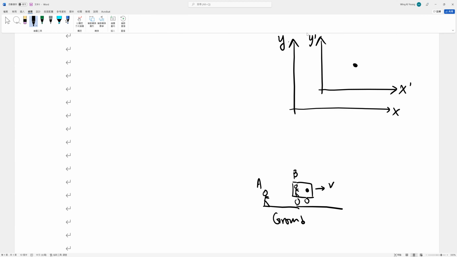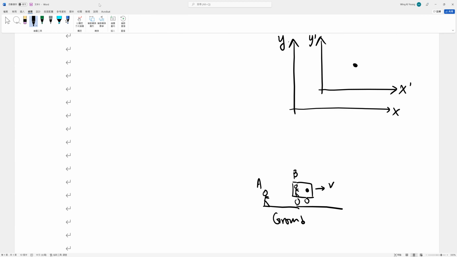But if you're observing inside the car, you say that the object is at rest. So different observers will give different descriptions of the motion of this object if they are in different, what we call reference frames.